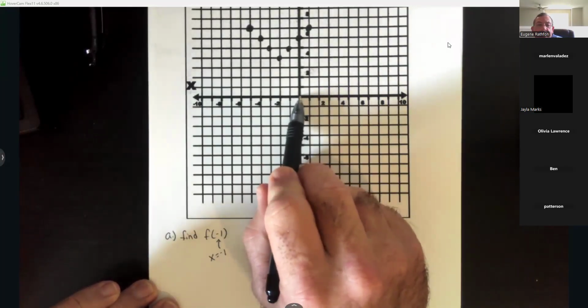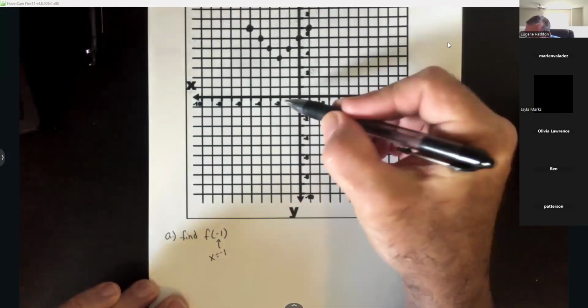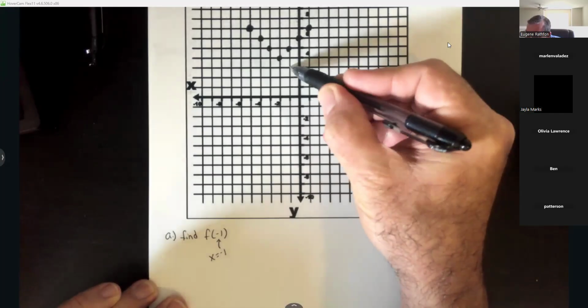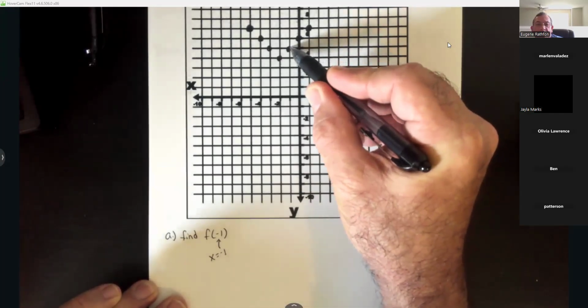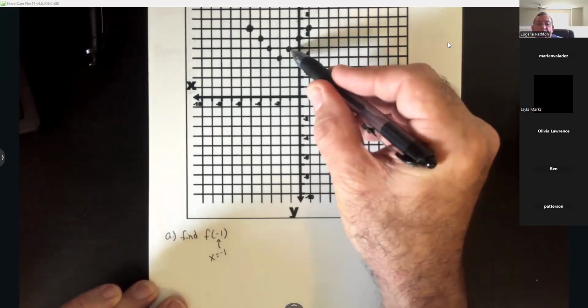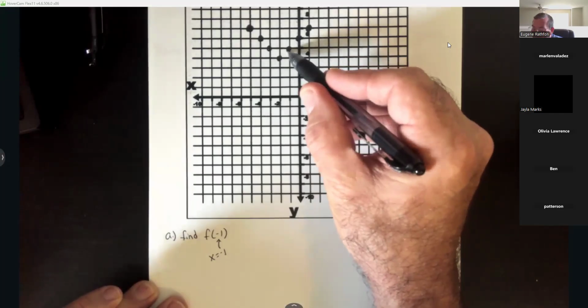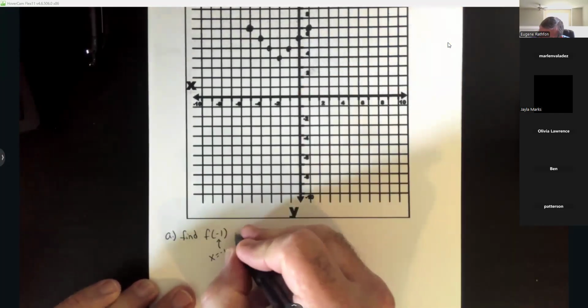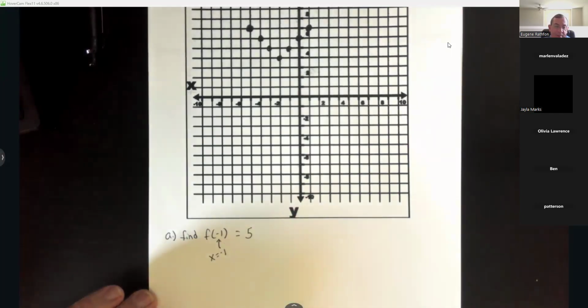Here's the center. So go left to -1. So we're wanting to go straight up, 1, 2, 3, 4, 5. So that means f of -1 equals 5, since 5 is the y value of that point. So f of -1 would equal a +5.